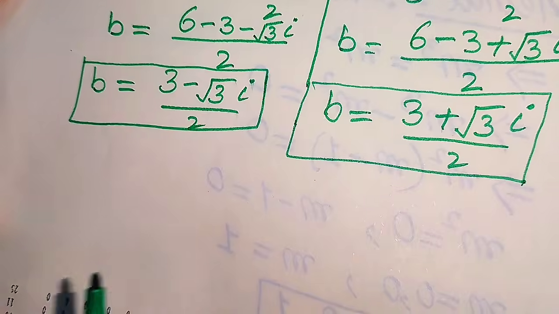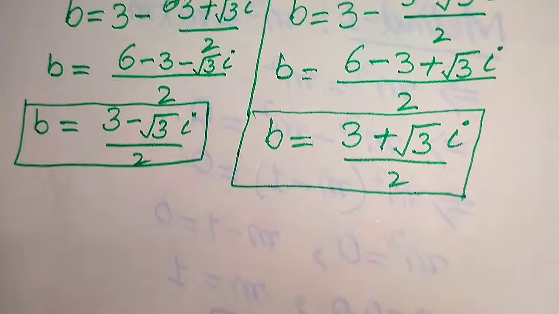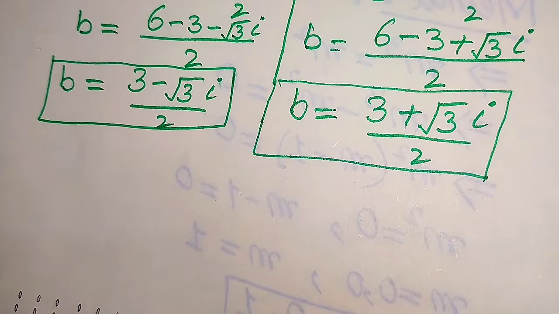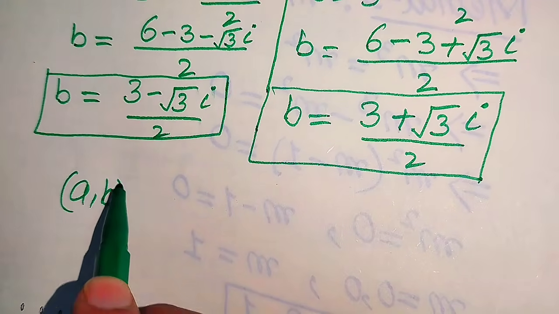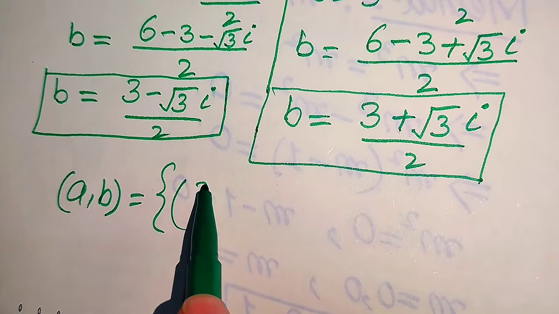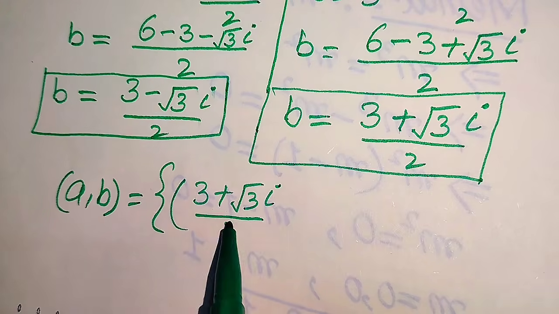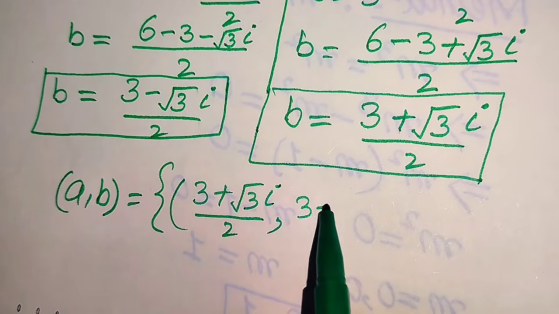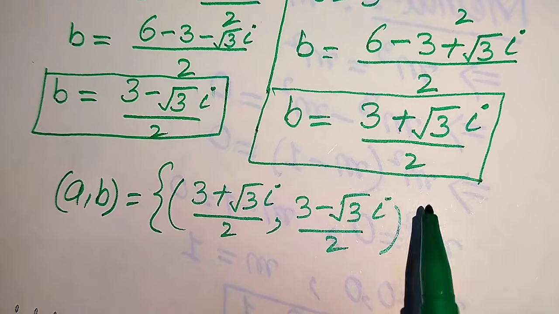Finally, there are two solutions of the given equation, stated as (a, b). The first solution: the value of a is 3 plus square root of 3 iota, divided by 2, and the value of b is 3 minus square root of 3 iota, divided by 2.